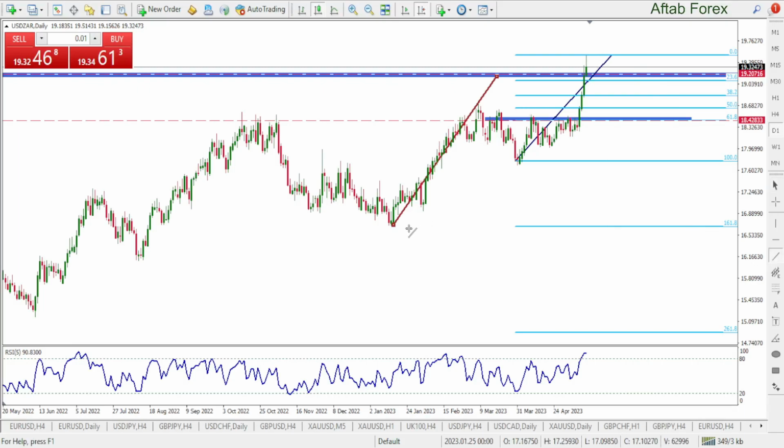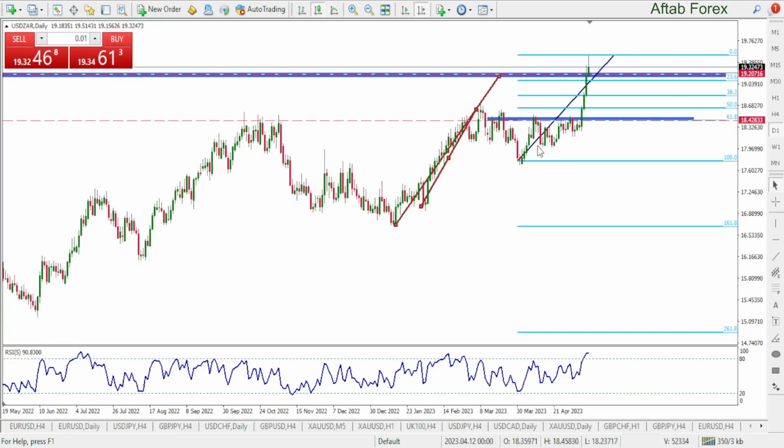It will, but let's see, who knows. This one is complete as well. It can become a role reversal, but I will not be interested in it. Not a buy right here. I will take a buy near 18.42833. This is the role reversal and I will be waiting for a confirmation.